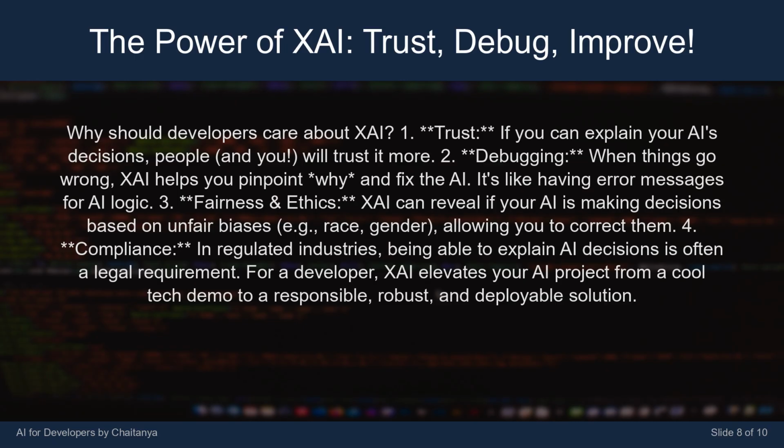XAI can reveal if your AI is making decisions based on unfair biases, e.g., race, gender, allowing you to correct them. 4. Compliance. In regulated industries, being able to explain AI decisions is often a legal requirement. For a developer, XAI elevates your AI project from a cool tech demo to a responsible, robust, and deployable solution.